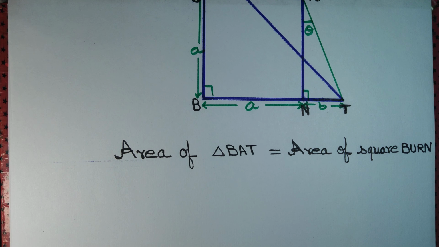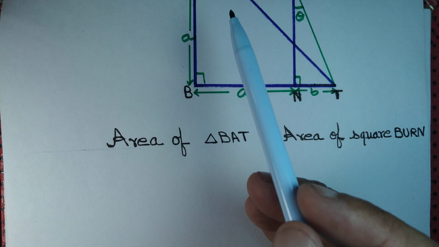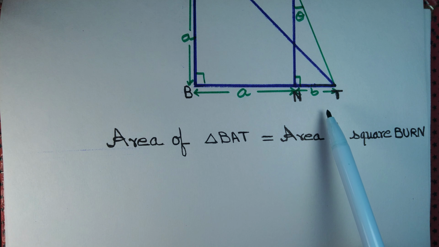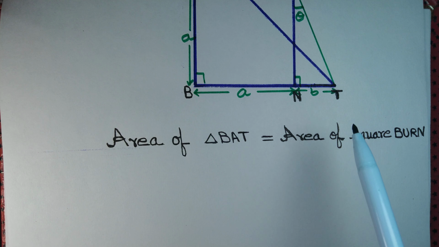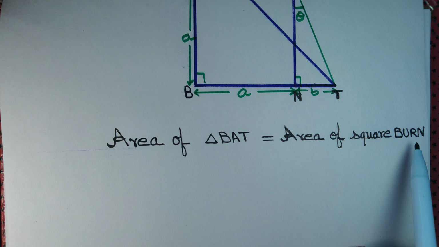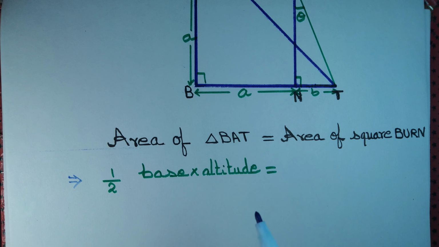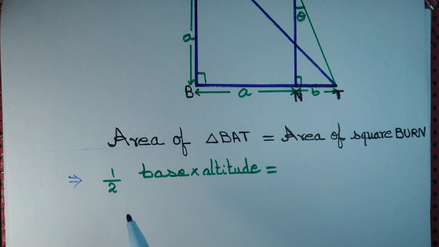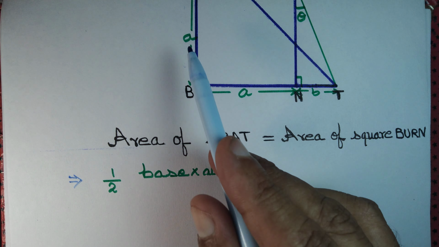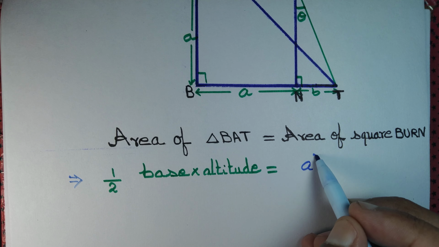Now further we are given that the area of triangle BAT equal to the area of square BURN. We know that the area of a right angle triangle equal to half base into altitude or height. What about the square? It's side square, so a square.